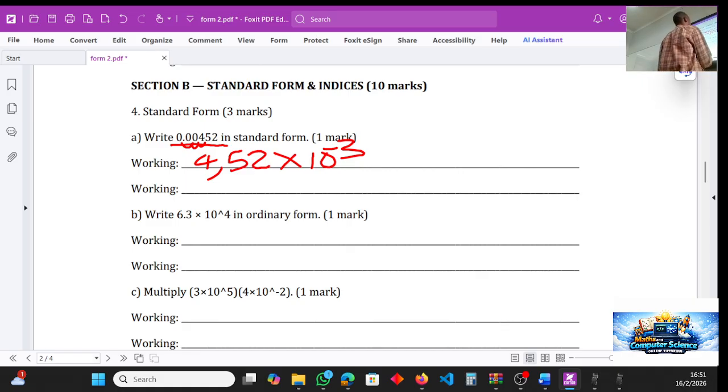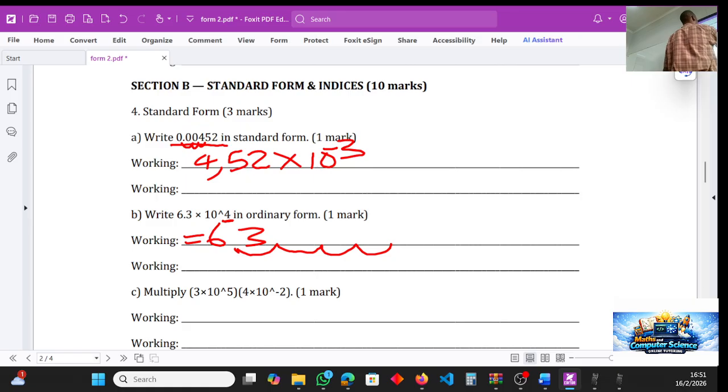Now the next one I'm required to write in ordinary form. In ordinary form, we don't want to see the base 10 and the exponent. So in other words, we are removing the exponent and moving the comma the given number of steps. Because the 4 is positive, our comma is going to go to the right, which enlarges the value. So it's going to be 6, 3, because the comma was here, to move 4 steps: 1, 2, 3, 4 means it will occupy that position.